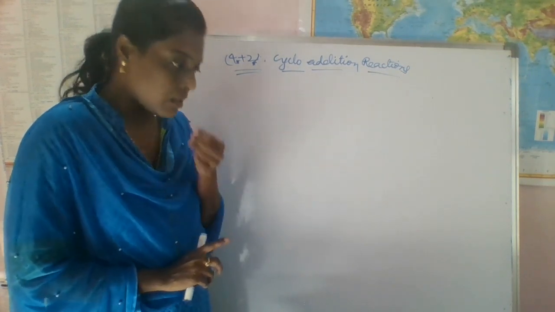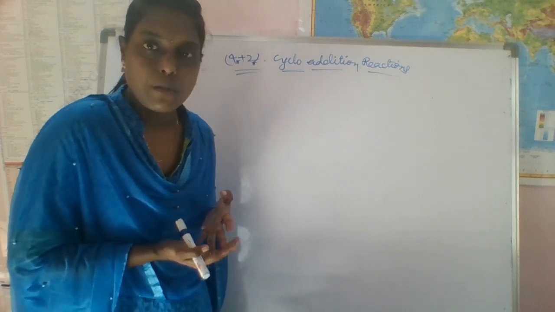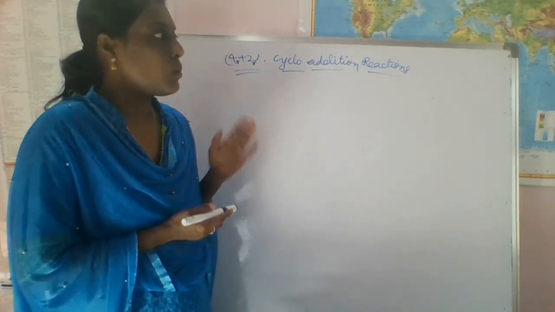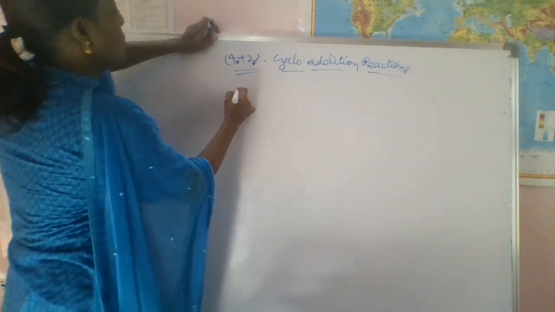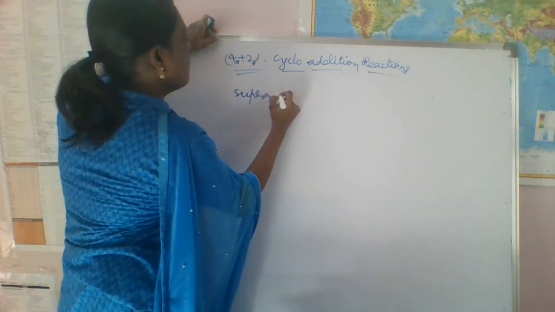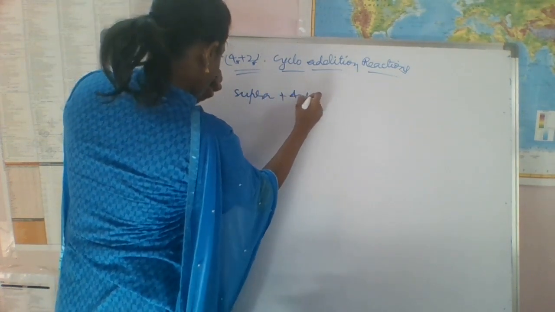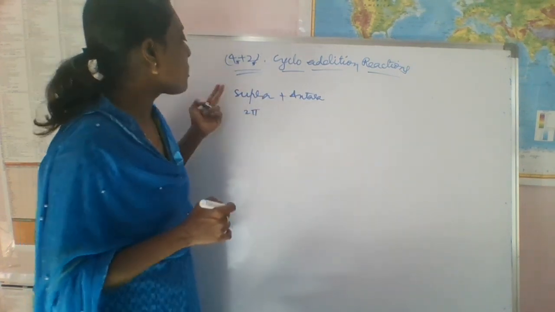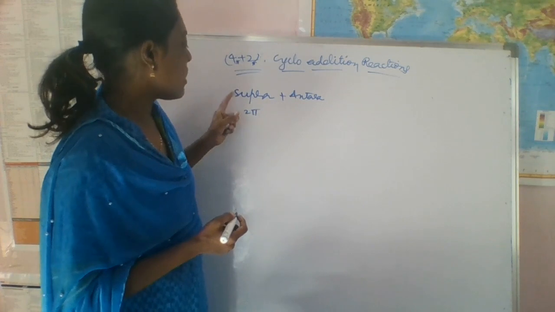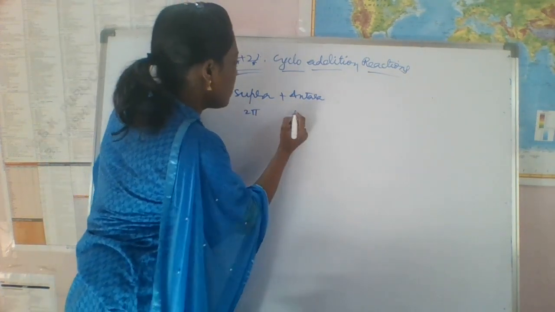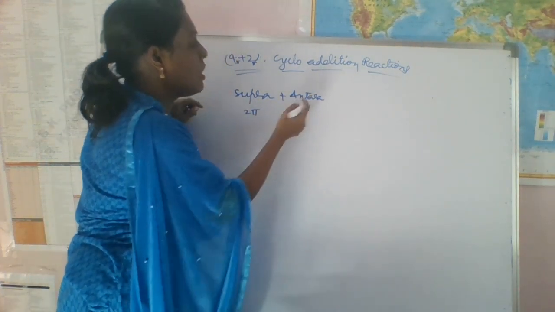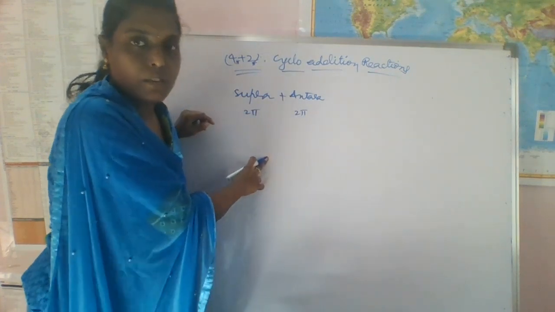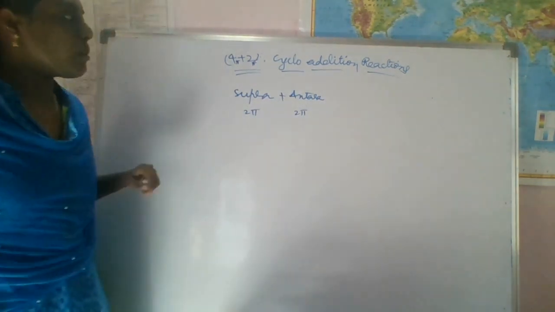So in thermal conditions, what is the mode of interaction? It involves supra plus antara, means one of the 2 pi molecules will undergo supra mode, and the other molecule will be involved through the antara-facial mode, right?